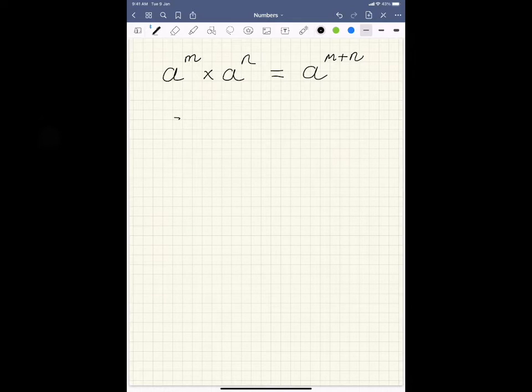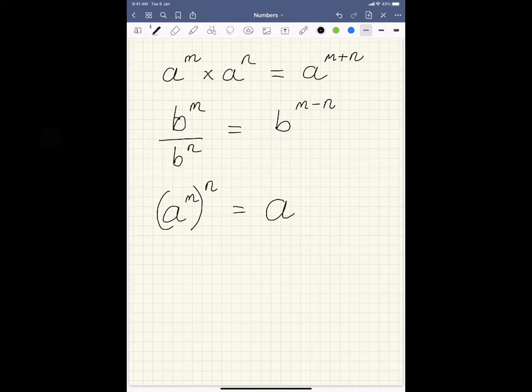When we have b to the m divided by b to the n, this will give us b, the same base, but then we will subtract exponents. And when we have a to the m in a bracket powered up to n, then the final answer will be a, the base, and the m and the n we multiply. And because we're mathematicians, we don't need to put a times between the m and the n, because we know that the missing operation is multiplication.